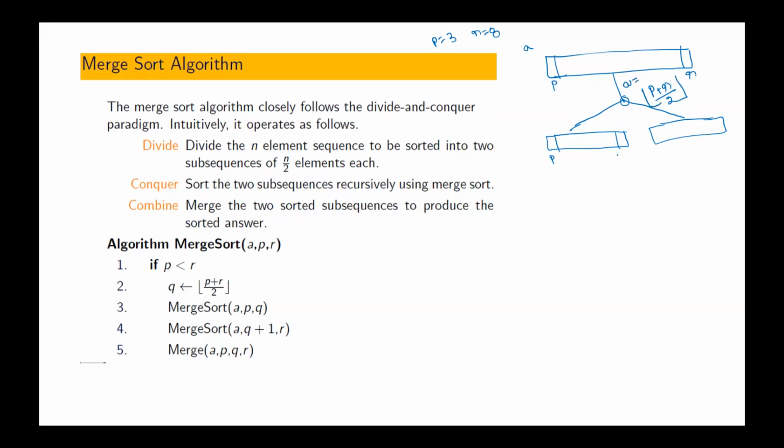Then what are our subarrays now? Once Q is known, it is clear. P to Q is one subarray. Q plus 1 to R is another subarray. Now recursively sort this subarray. Sort this subarray. Similarly, here also sort this subarray.